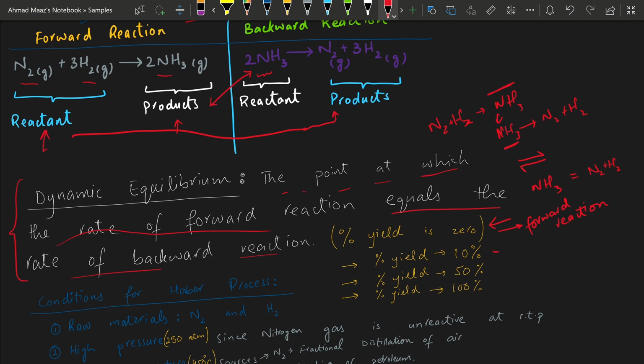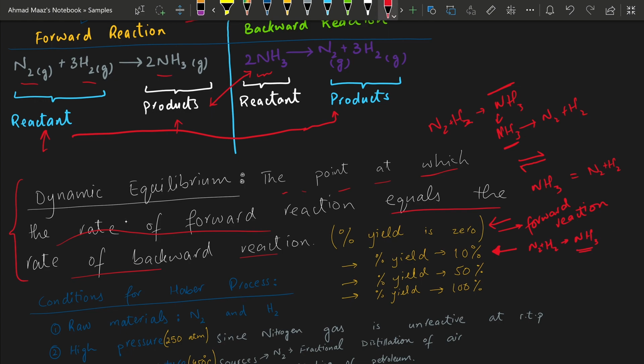Alright, a percentage yield of 10% means that of the volumes of nitrogen and hydrogen that are reacting together to produce ammonia, only 10% of ammonia is being produced.